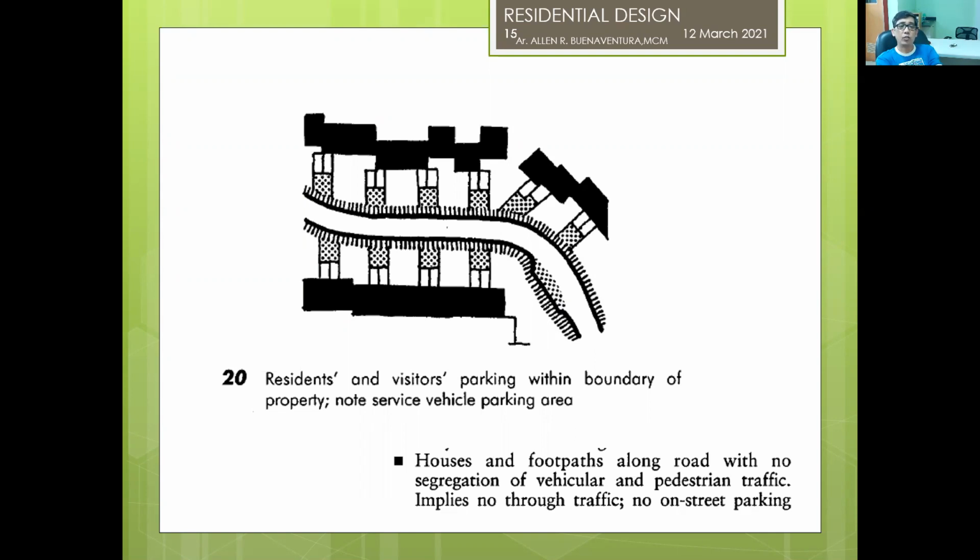So as you can see in the solution of the architect or the designer, he designed that the cars will be parked not on the road but on the front of each residence. So he decided that all the vehicles will be parked on front of each residence.